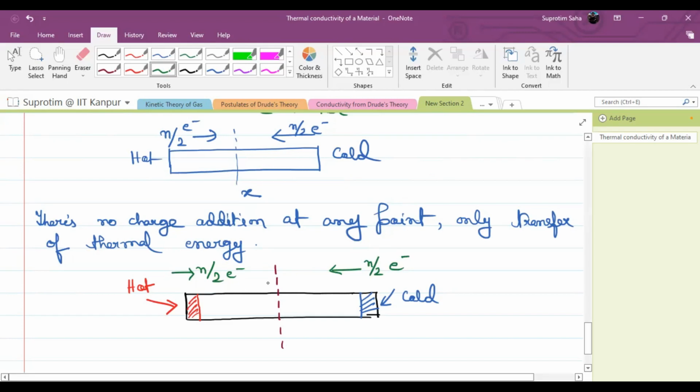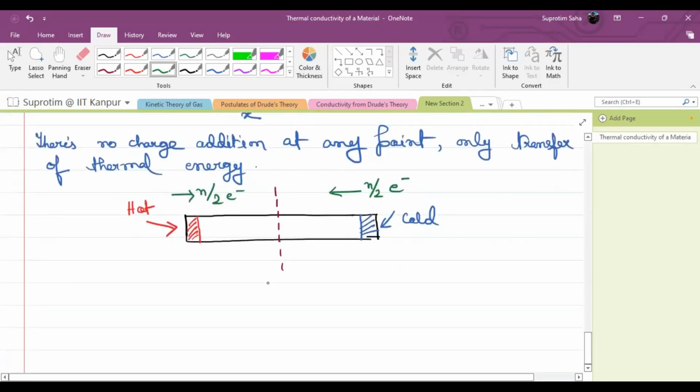So now, recalling the second postulate of the Drude model, which is of course also a postulate of the kinetic theory of gases: in between two successive collisions, the electrons will move in a straight line, and the mean time scale between two collisions is tau. The implication is that within this time scale tau, there will be no collision.